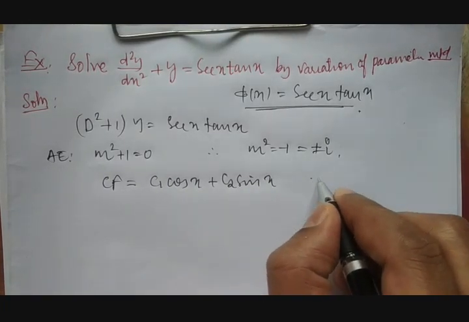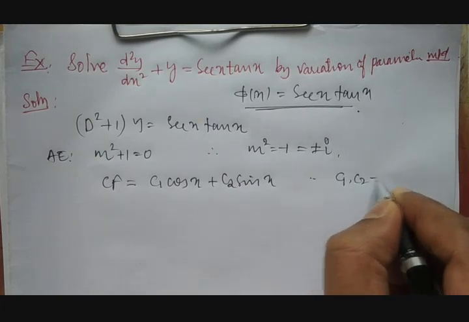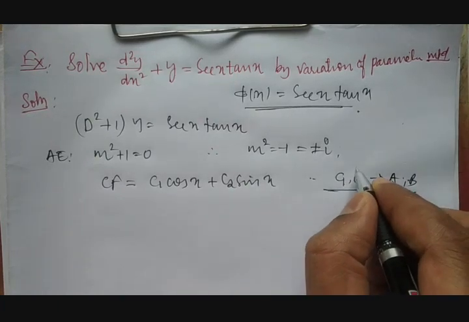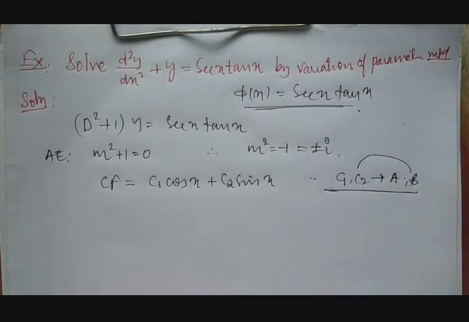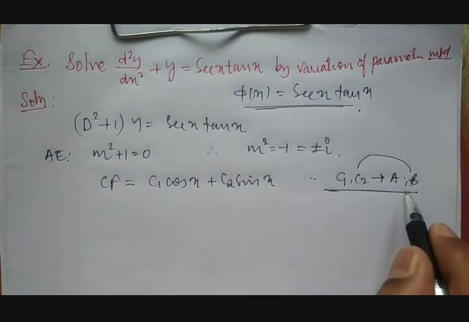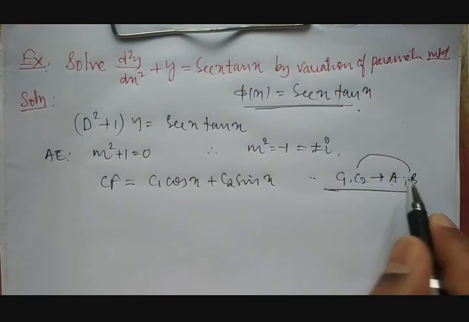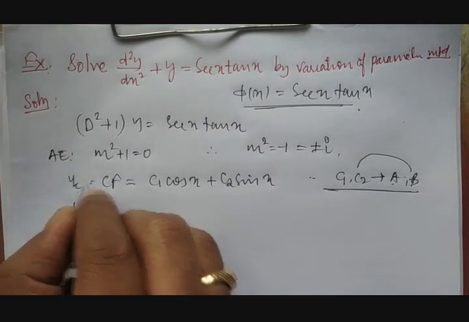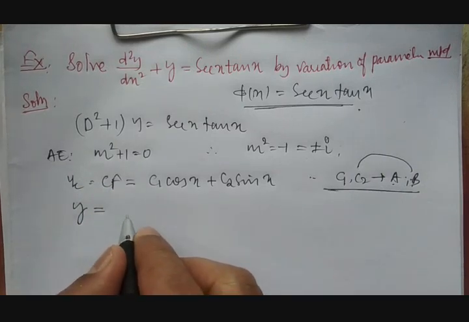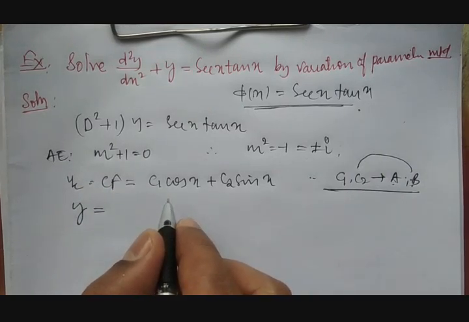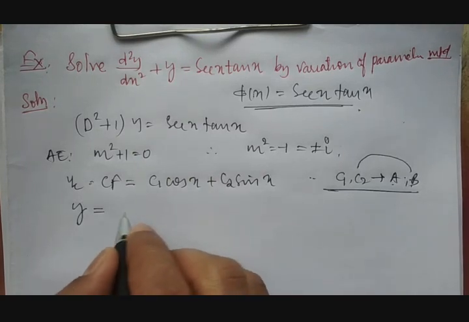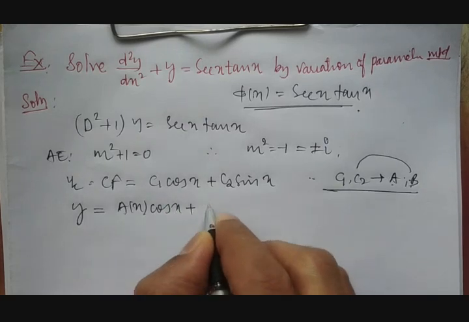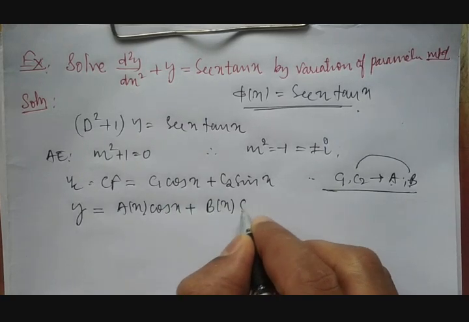In this complementary function, we are going to replace c1 and c2 by A and B, where c1, c2 are the constant parameters, which are going to be replaced with functions of x. A and B will be the function of x parameters. Then initially it is yc, now we'll take it as y, because this is going to represent the complete solution. c1 will be replaced by A of x into cos x, plus c2 will be replaced by B of x into sin x.